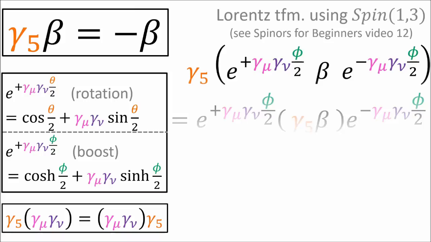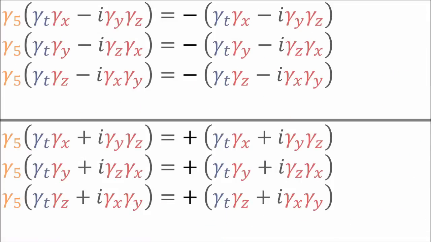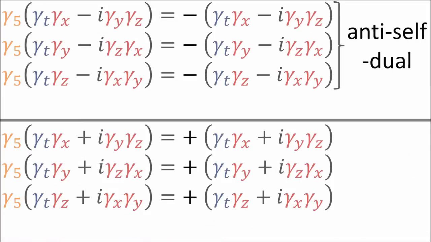A similar proof can be shown for a bivector beta that has an eigenvalue of -1. So the +1 and -1 eigenspaces are indeed invariant under Lorentz transformations. The bivectors with eigenvalue -1 are called anti-self-dual bivectors.